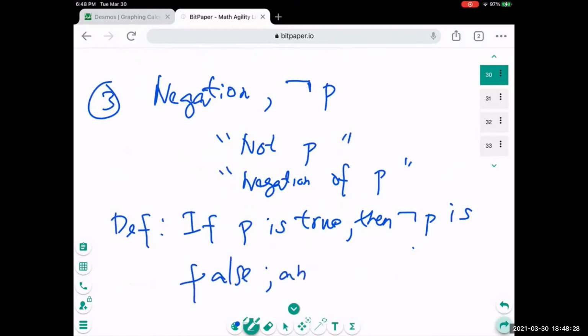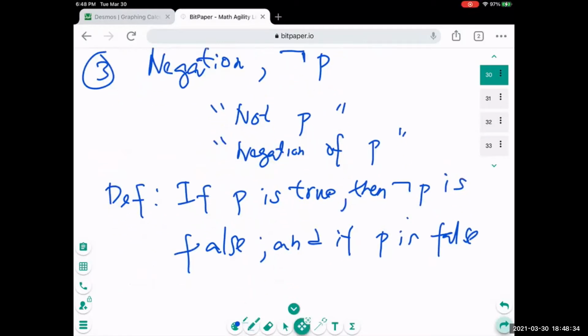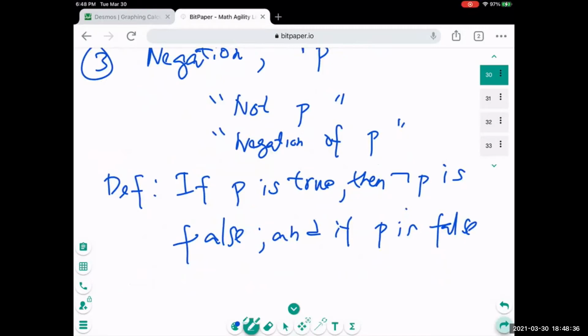And if P is false, then not P is true, right? It's just the opposite. If it is false, when we take the negation, it becomes true. If it is true, when we take the negation of true, it will be false, right? So they are just opposites.